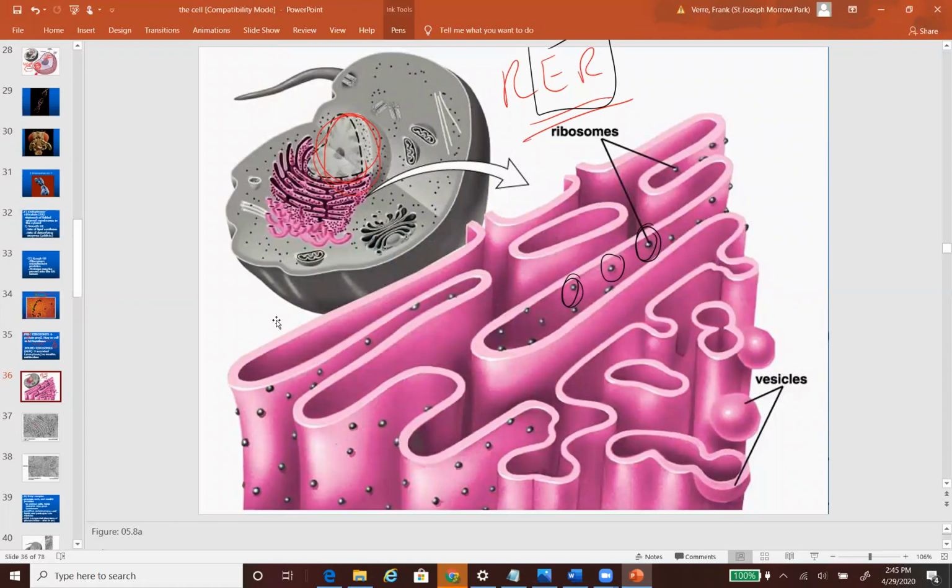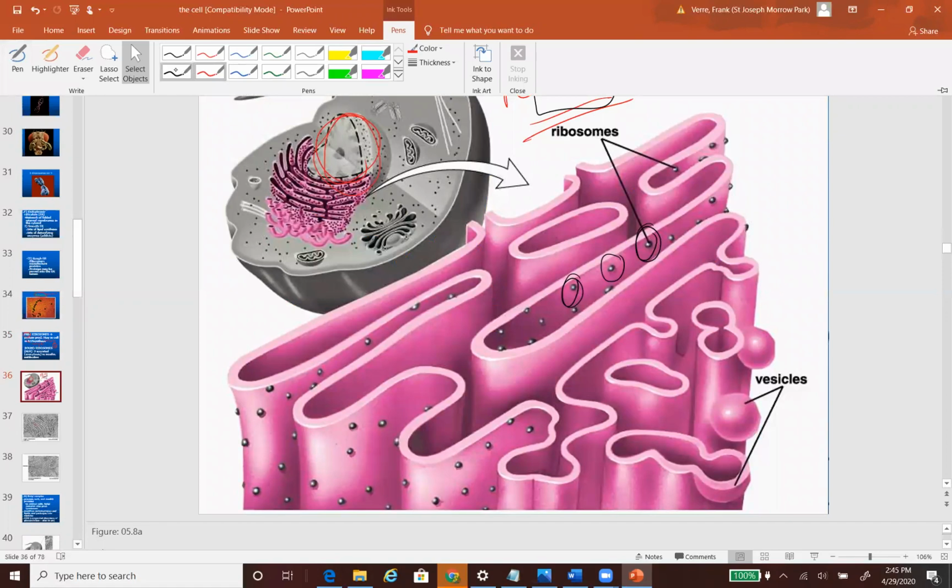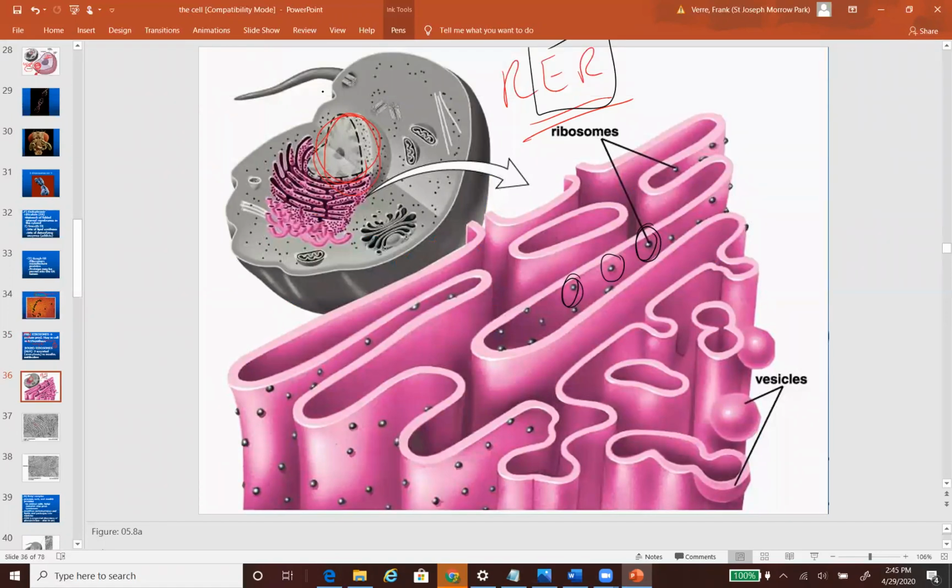And again, if I go back to this picture, you can actually see the two types in this slide. You can see the little black dots. Those are the free ribosomes. You can see them right here, the free ones. And the ones attached to my membrane, my ER, are the bound ribosomes, which make up the rough ER.